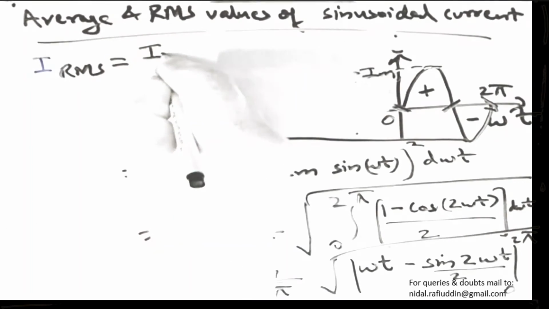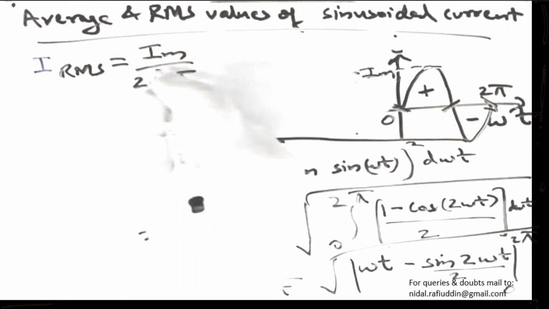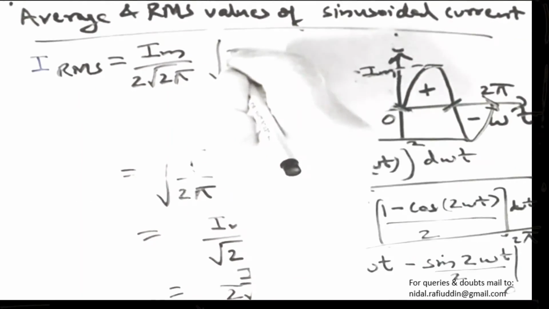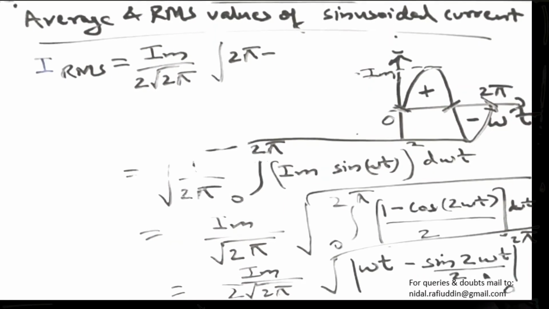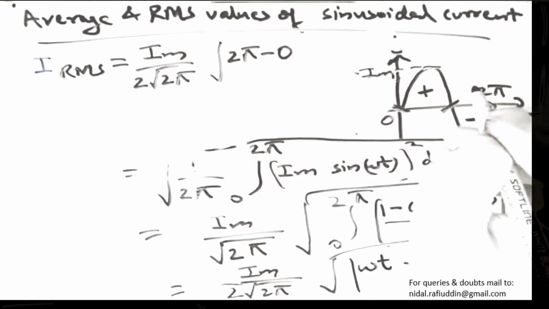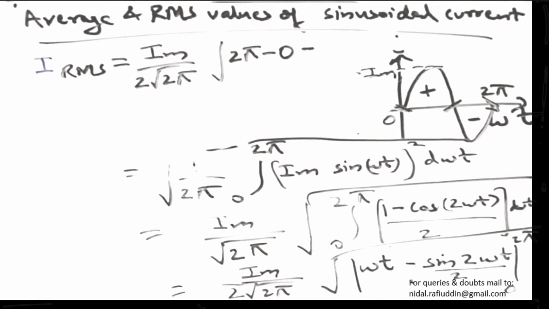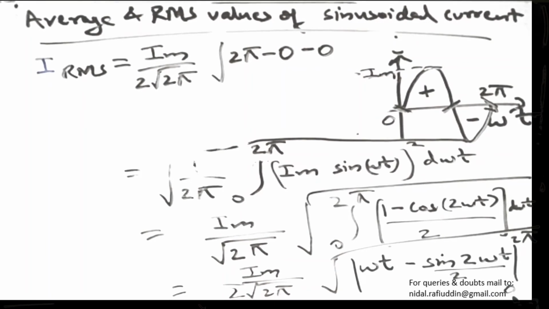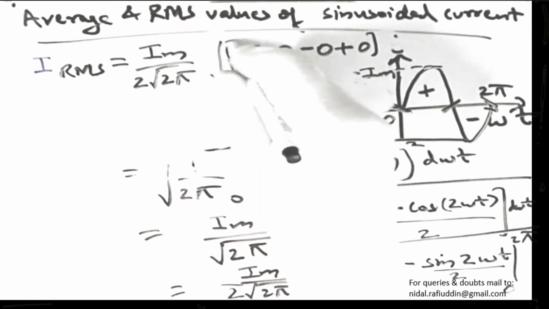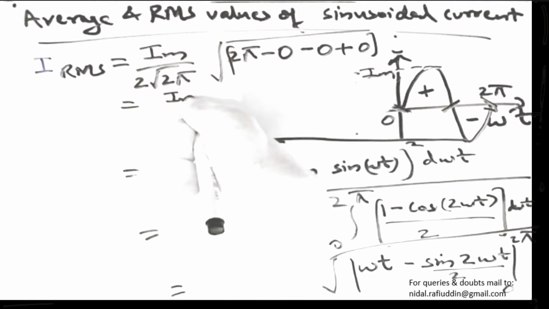This is Im divided by 2 root 2 pi under root 2 pi minus sine 2 into 2 pi, which is sine of 4 pi, which is 0. So this can be written as 0 minus omega t is 0. When 0 is substituted here, we get 0. And again, if we substitute in place of omega t 0, we get sine of 0, which is again 0. So what we are left with is Im.